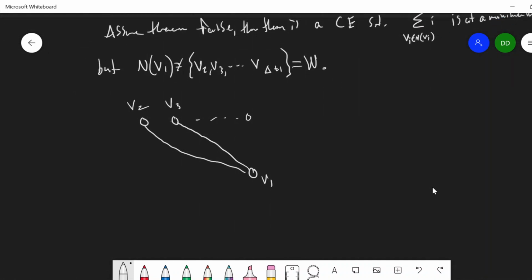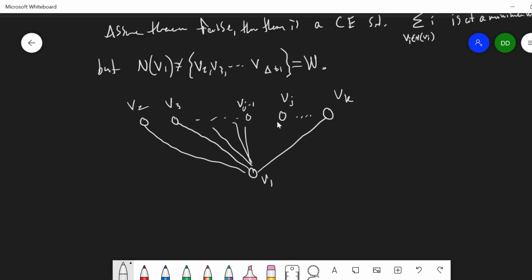So it's adjacent to all the ones below Vj. So maybe I'll draw Vj minus 1 here. So it's adjacent to all of these ones, and then it skips over Vj. We have to skip something. And then maybe it skips over some other ones, but then it's adjacent to something else down the line. Right? We know there has to be something adjacent down the line.